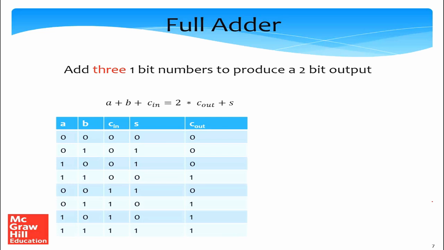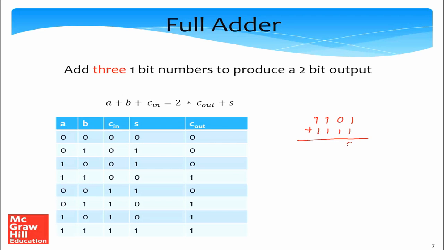Let's now consider a full adder. A full adder will be required when we want to add 3 bits. So let's assume that there is a large Boolean number, something of this type. When we perform the addition for the LSB bits, we can use a half adder.